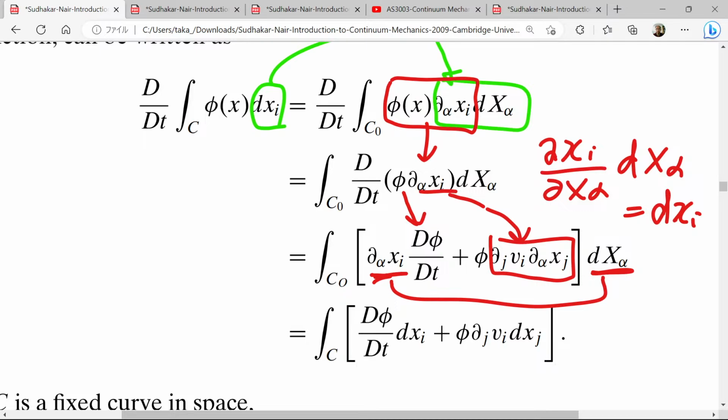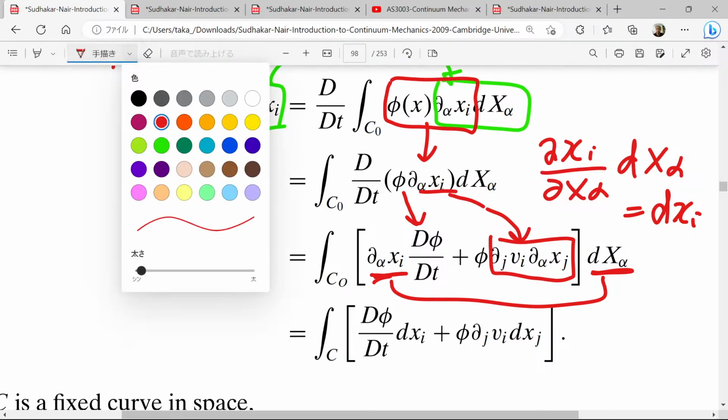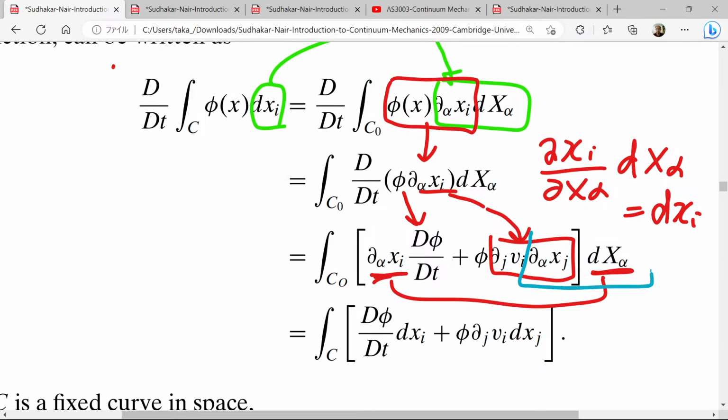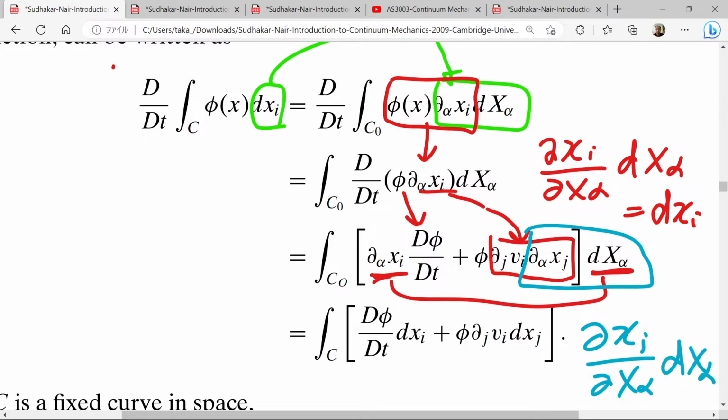And same here, this thing is partial x_j, partial X_alpha, dX_alpha, so this is partial dx_j. Yeah, I think it makes sense.